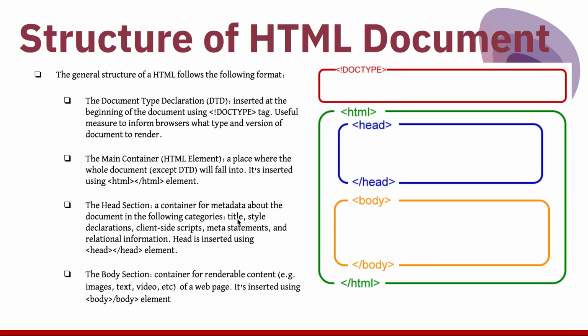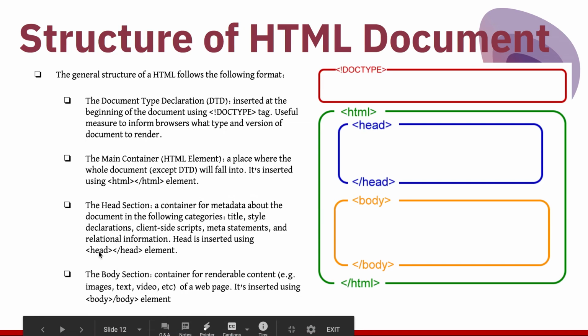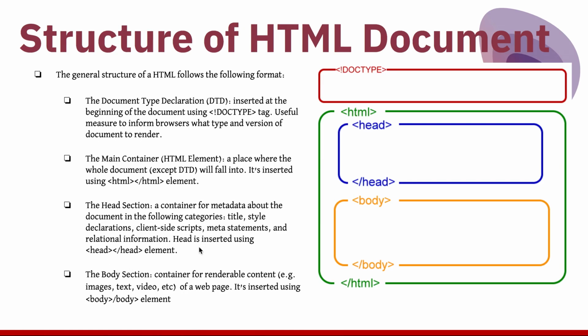Style declaration talks about aesthetic features, like color definition, font, and general formatting styles of the document. You can put that also in the head. Client-side script, we will look at that later on. The head is inserted using this head element, and we'll talk about it in our next lecture.